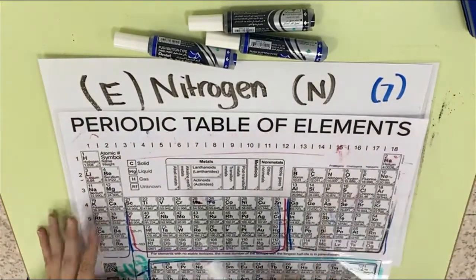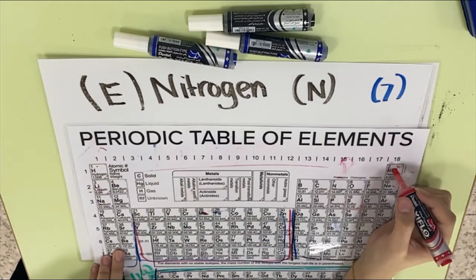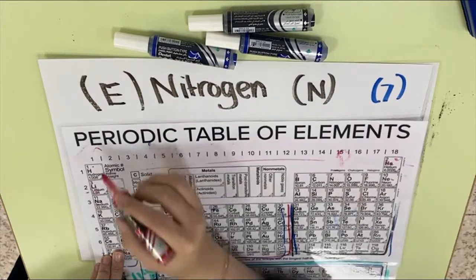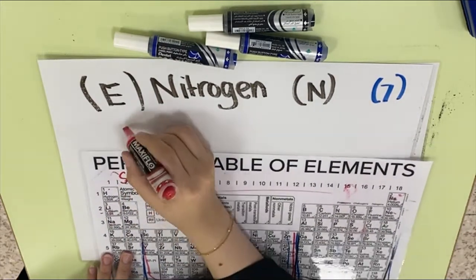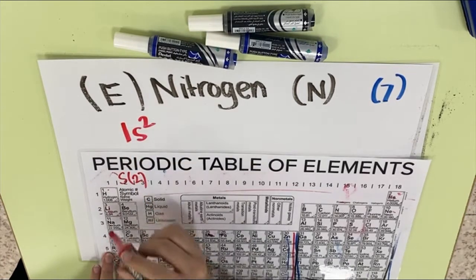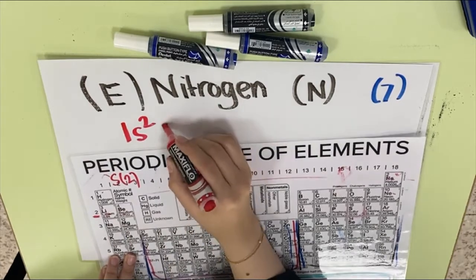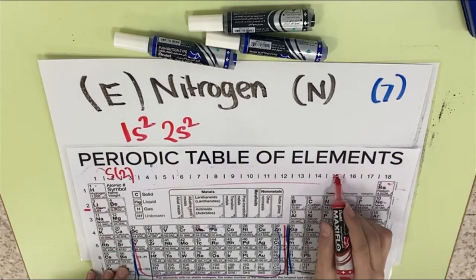Nitrogen, 7. Let's start. 1s1, 1s2. Why do you think we stop at 2? Because S can hold a maximum of 2 electrons, remember? So we have 1s2. Second one, 2s1, 2s2. So we have 2s2. And then we got the P block now.